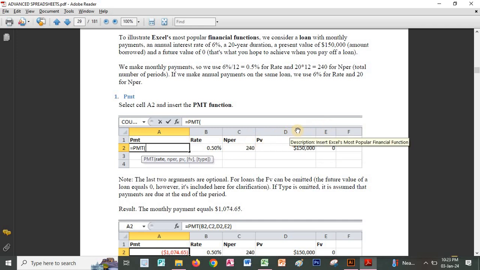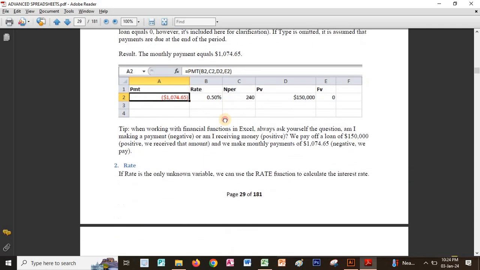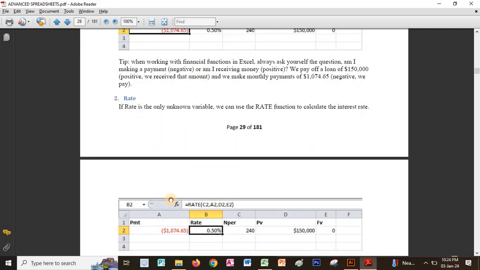The PV is the present value, the amount that has been borrowed, and the future value is the amount expected to be achieved at the end of the payments. So knowing what each item represents, you can calculate any of them if one of them is not given and you are given the rest.